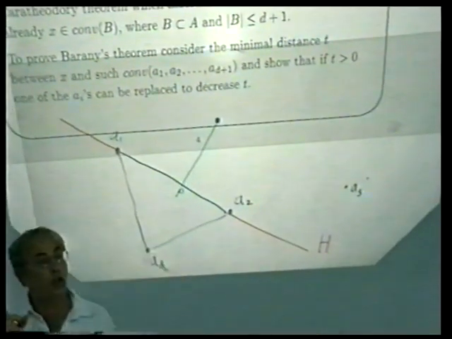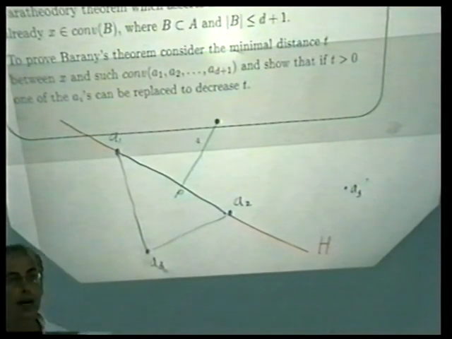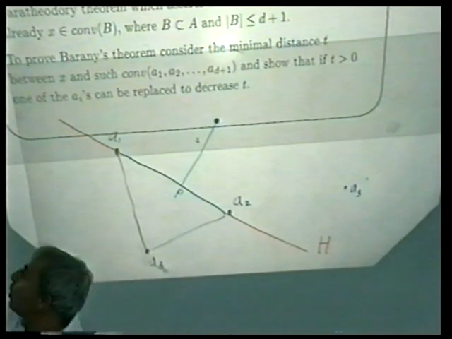So this means we have a chance to reduce the distance by replacing Aj by another point from the set Aj. But why can we do this? Because X belongs to the convex hull of all the points in Aj.